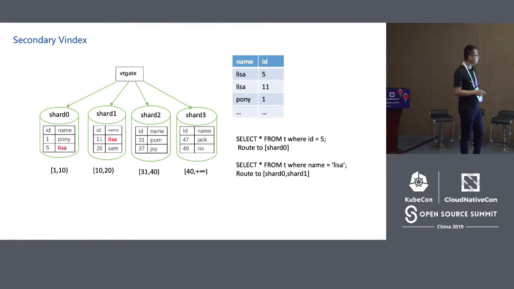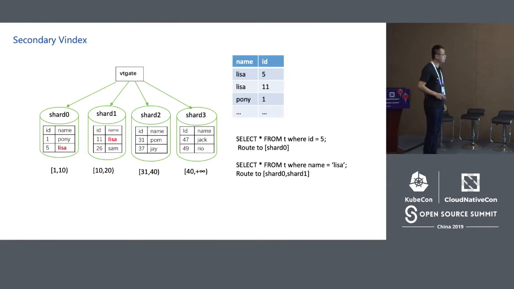So how does Vitess cope with it to avoid the amplification? Upon insertion, when the ID equals 5, I also save the correspondence between Lisa and 5. So when the name is Lisa, I can check the result very quickly.